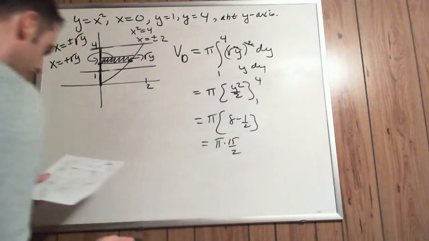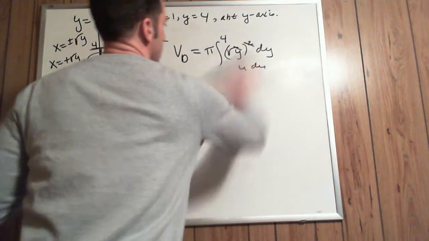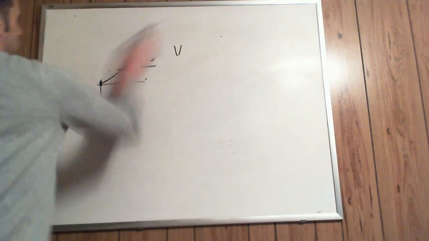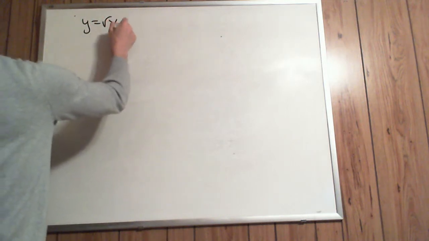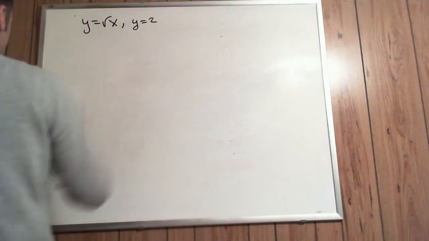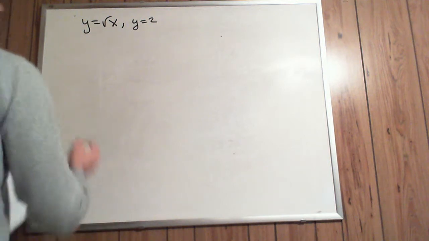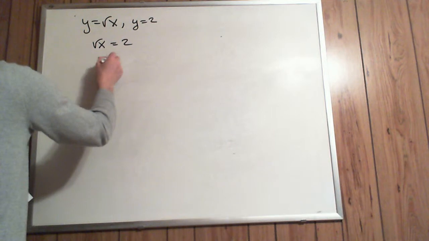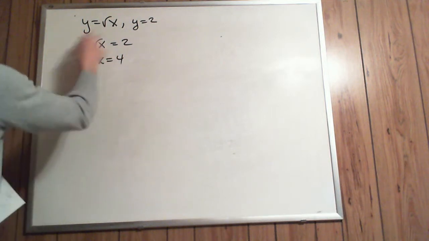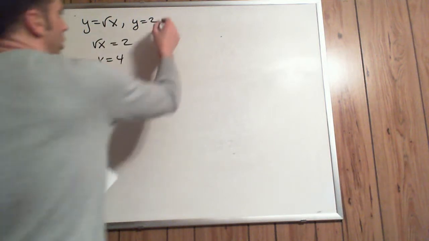Okay, and just one more example on that. So suppose we have y equals the square root of x, y equals 2. So if I set these equal to each other, I learned that x would be equal to 4 then, square both sides, x would be equal to 4.